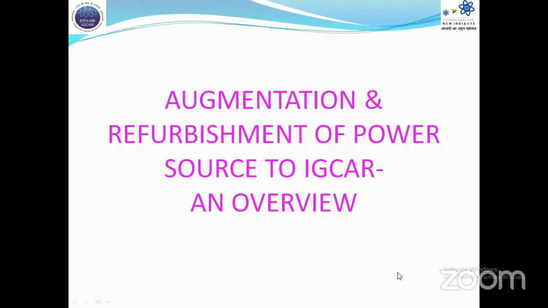FBR technology is the second stage of the Indian nuclear power program, which is based on plutonium-based reactors of sodium-cooled type. As a part of this development of FBR technology, a sodium-cooled fast breeder test reactor has been established in IGCAR, and many related R&D activities are also carried out in IGCAR.